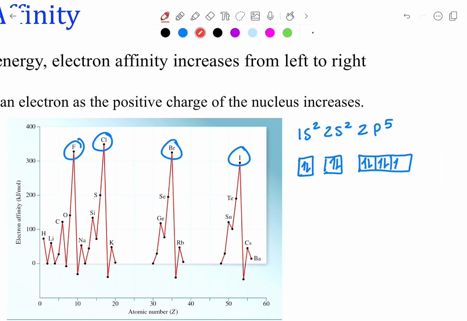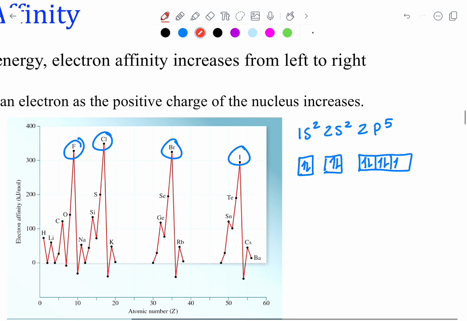They have 7 valence electrons and they want to get to 8. So they only need 1 electron to get to a full shell in the p orbital. So it's a lot easier to say, okay, I'm going to take on an electron and add it there. They really want that extra electron to get a whole filled shell.